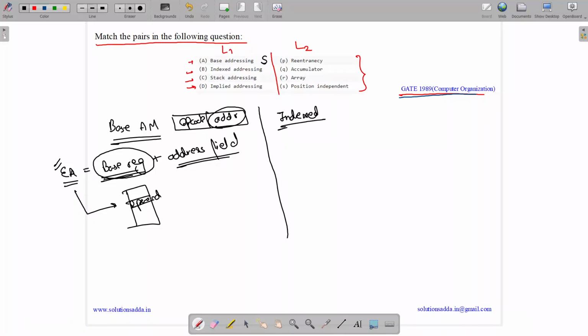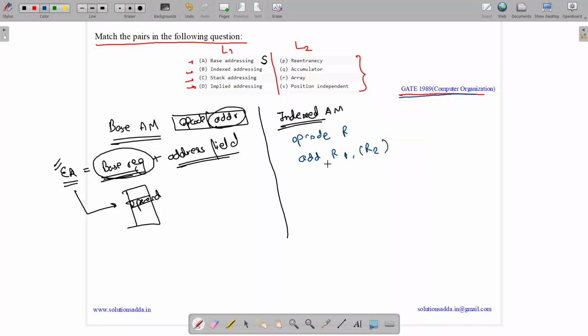So what happens in indexed addressing mode is, we will have our opcode followed by a value like R1. Let me give you an example. We will have something like add register R1 with R2.